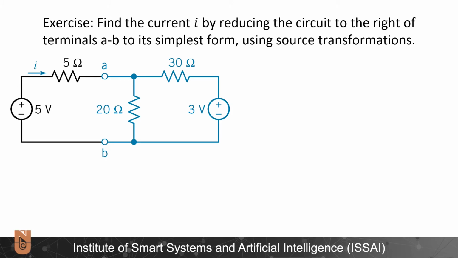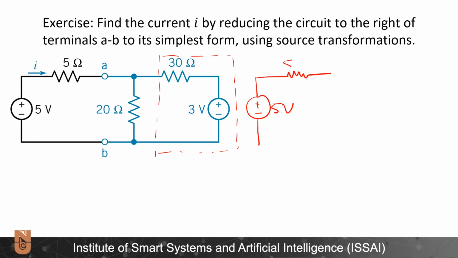So we need to find the current I by reducing the circuit using source transformations. I can do a source transformation in this part of the circuit. This is easy. So I will draw my circuit: plus minus 5 volts, 5 ohms, here the 20 ohms, and now comes the source transformation.